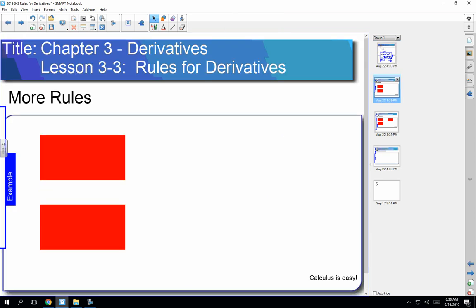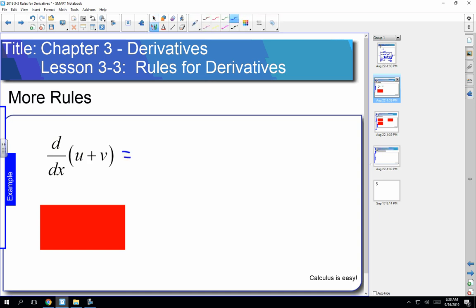All right. Some more rules here. Derivative with respect to x of the sum of two functions. So u and v are functions. It is equal to du dx plus dv dx. So you take the derivative of each one, and then you can add them together. So derivatives work over the sum of two functions.